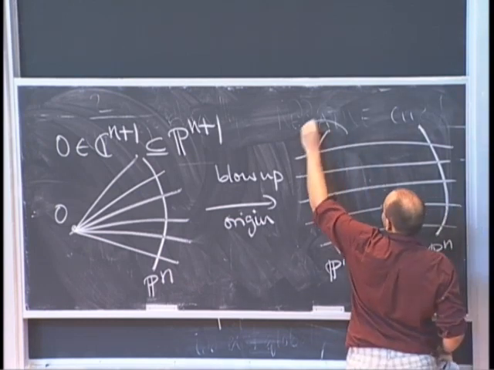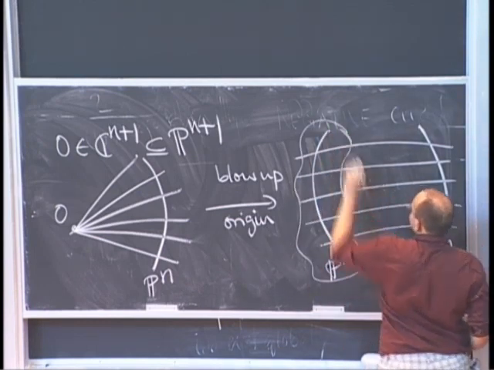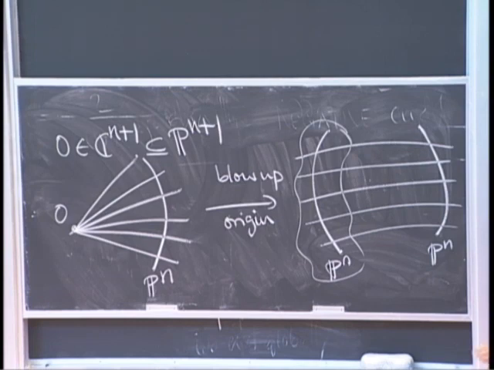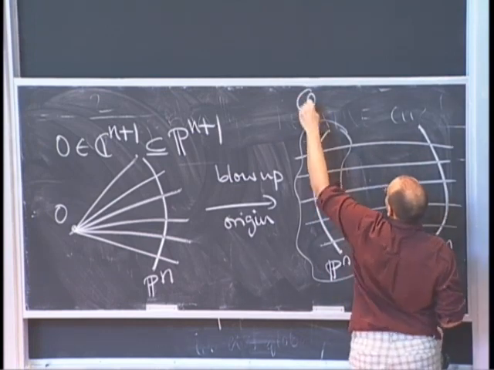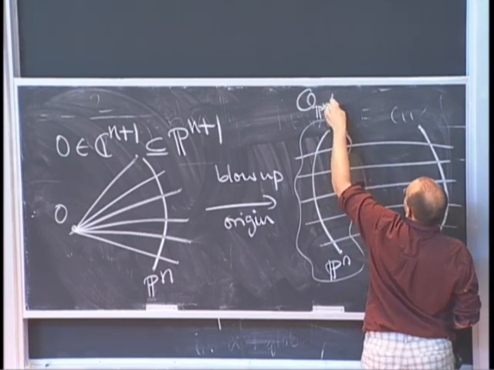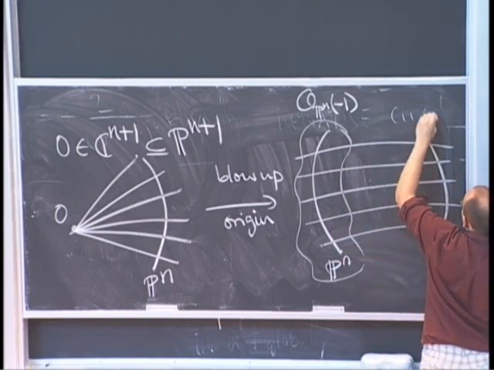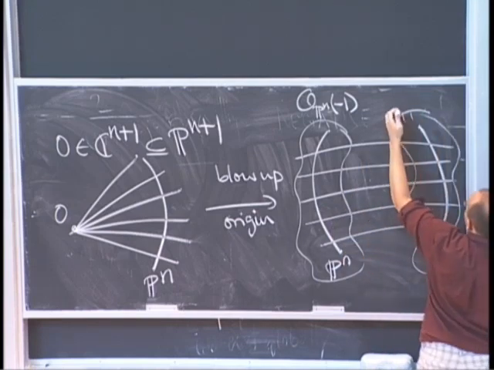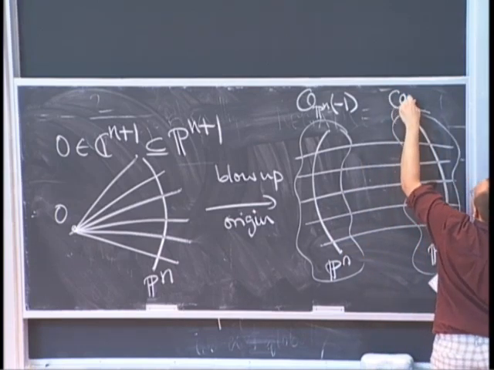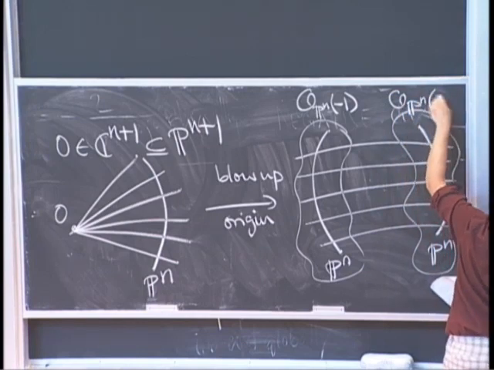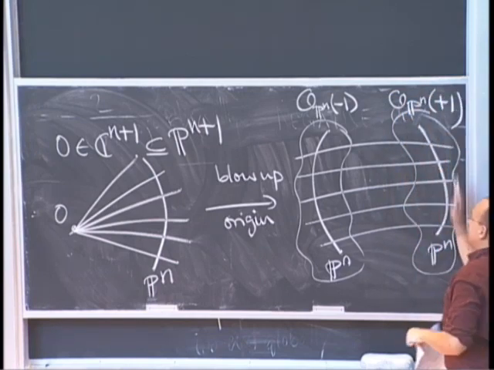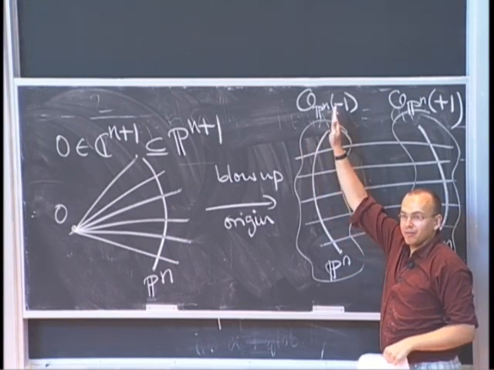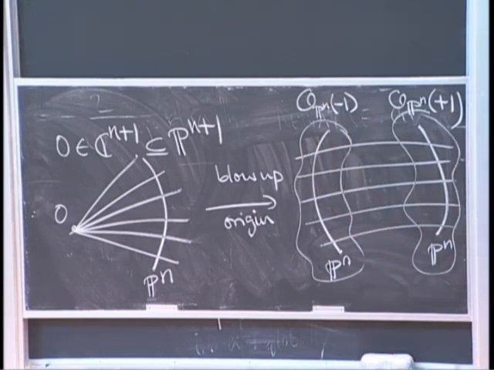And so around here, your space looks like O_{Pⁿ}(-1). And around here, it looks like O_{Pⁿ}(+1). These are the zero section embeddings of Pⁿ into the -1 line bundle and the +1 line bundle.